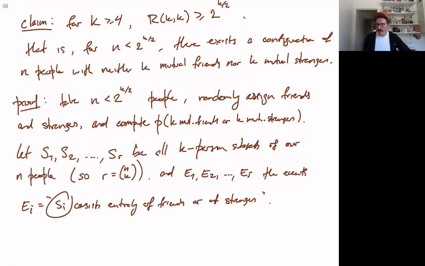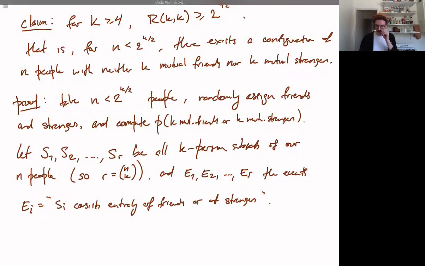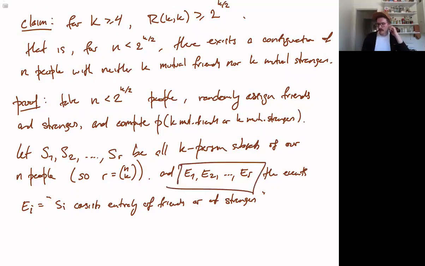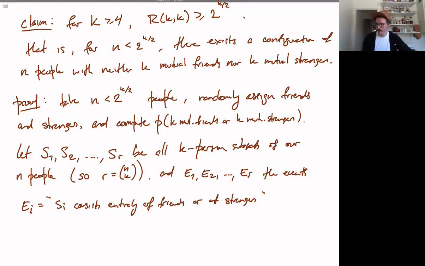In which case Si will be a set of k mutual friends or a set of k mutual strangers. So essentially, we're breaking this event, that there are k mutual friends or k mutual strangers, down into a collection of events based on exactly which set of people is k mutual friends or k mutual strangers. These are all the possibilities.